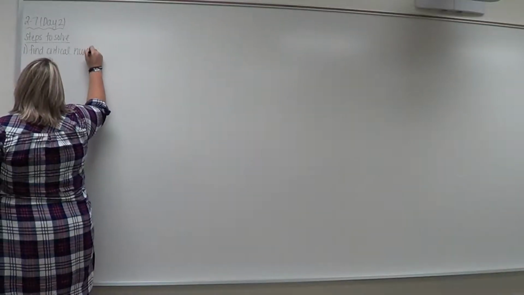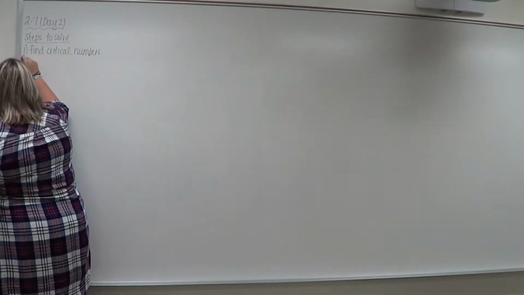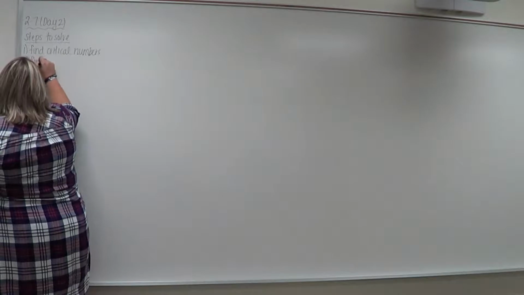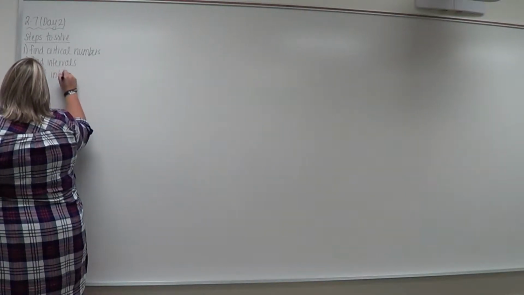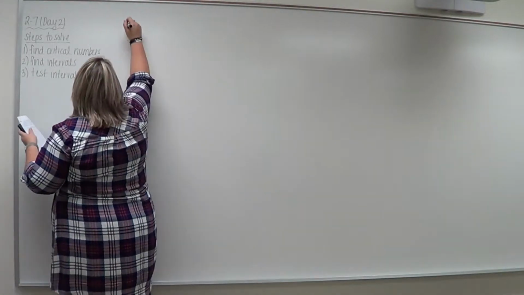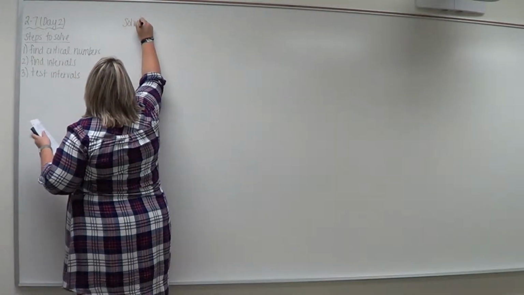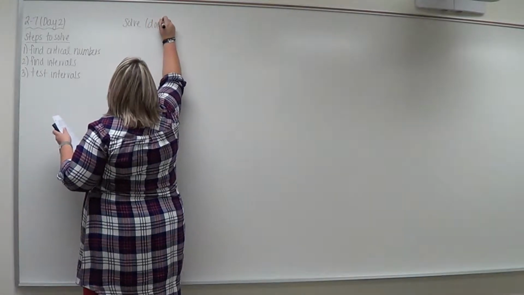If you already wrote down your steps from day one, that's the same steps. You're going to make intervals, and you're going to test the intervals. And same thing, I'm not going to make you do number lines.